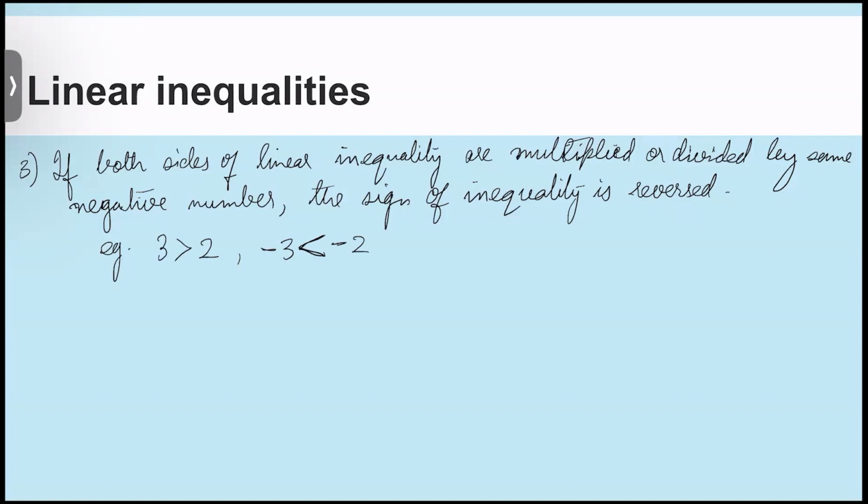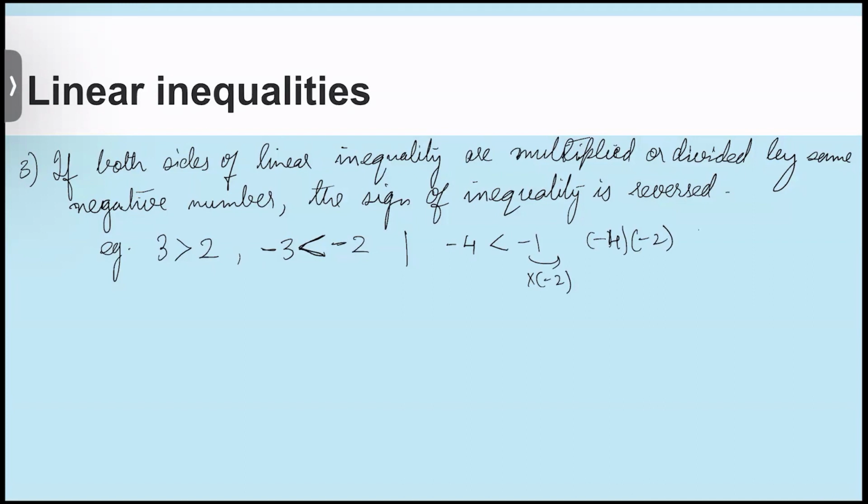Take another example, say -4 is less than -1. If you multiply by -2, what you get is 8 and 2.